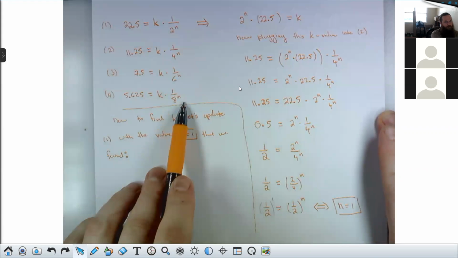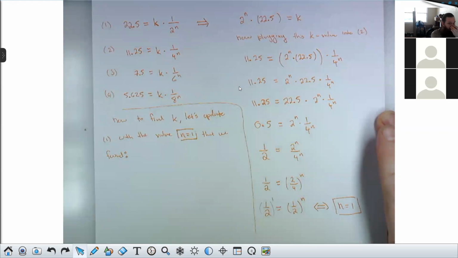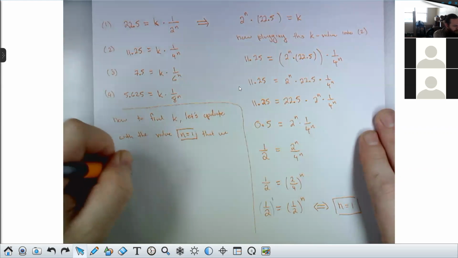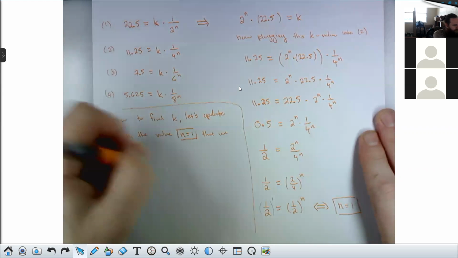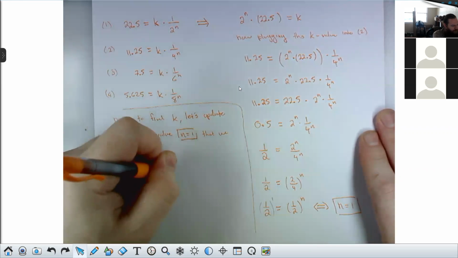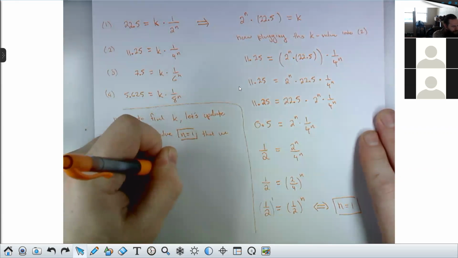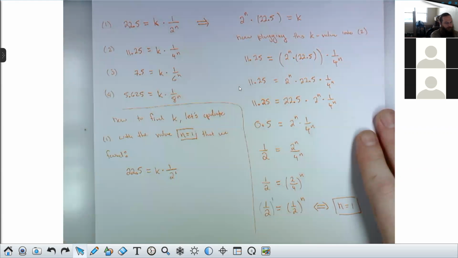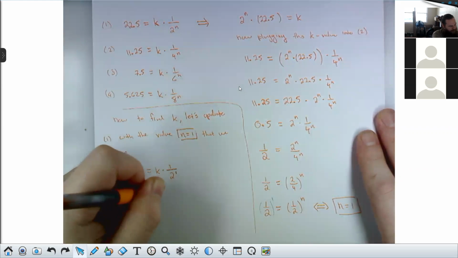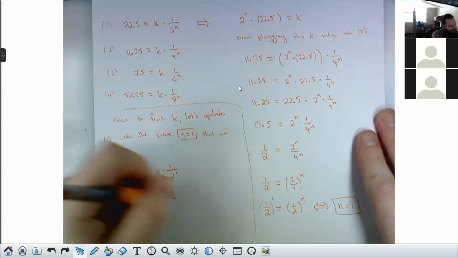I can do it with any of these. All right? There's nothing stopping me from doing it with any particular one. But I might as well just go back and use equation 1. That'll give me 22.5 equals k times 1 over 2 to the 1, which is the same as saying 22.5 is equal to k times just good old 1/2.